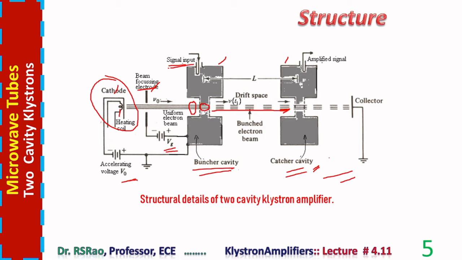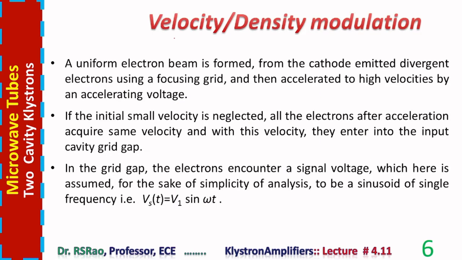Bunches delivering energy to the grid gap means a highly energetic signal is being delivered to the grid gap, which is then taken out with the help of a loop. The bunches, after crossing the catcher cavity gap, travel towards the collector where they are accepted by the collector. Now, a few points regarding velocity modulation and density modulation.